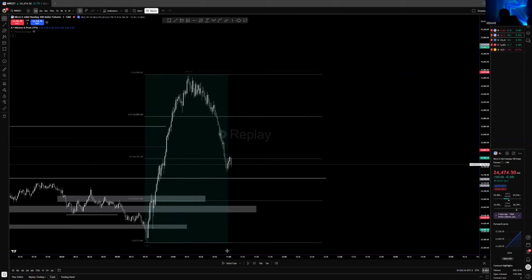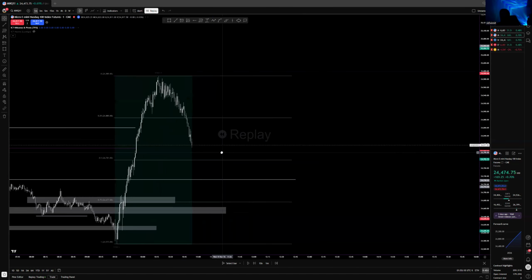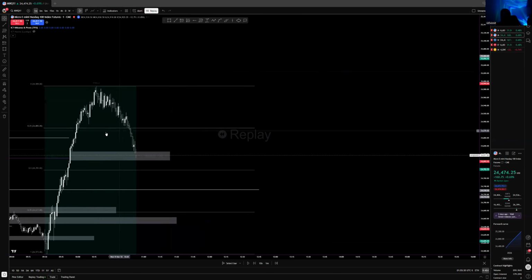Right here I have a final inversion that I need to be looking at because we don't actually have any fair value gap in this zone. So that's pretty much a V-shaped recovery, by the way. We also have a break of structure, but we don't have any sort of inefficiency or structure for the price to come back and retest.